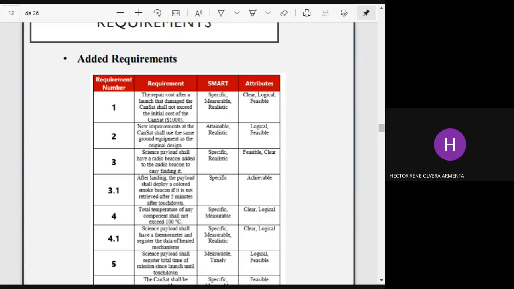This is logical and clear because you cannot spend more to repair the main structure than your budget to develop it.